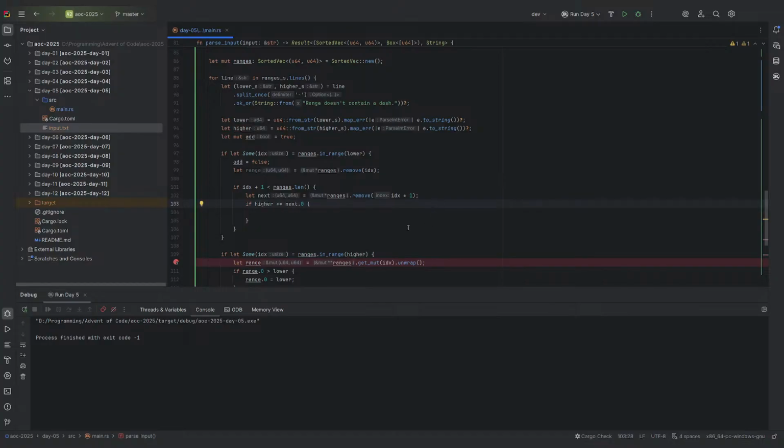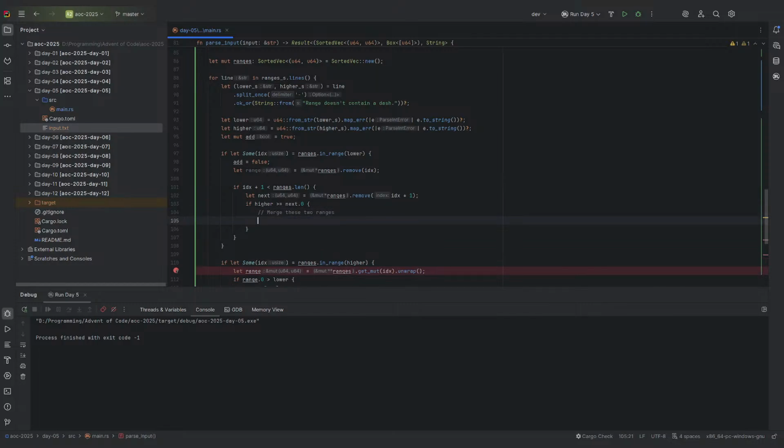It's going to be greater than or equal. Should probably start commenting this. Since they're both removed, I can now do push. I can push.